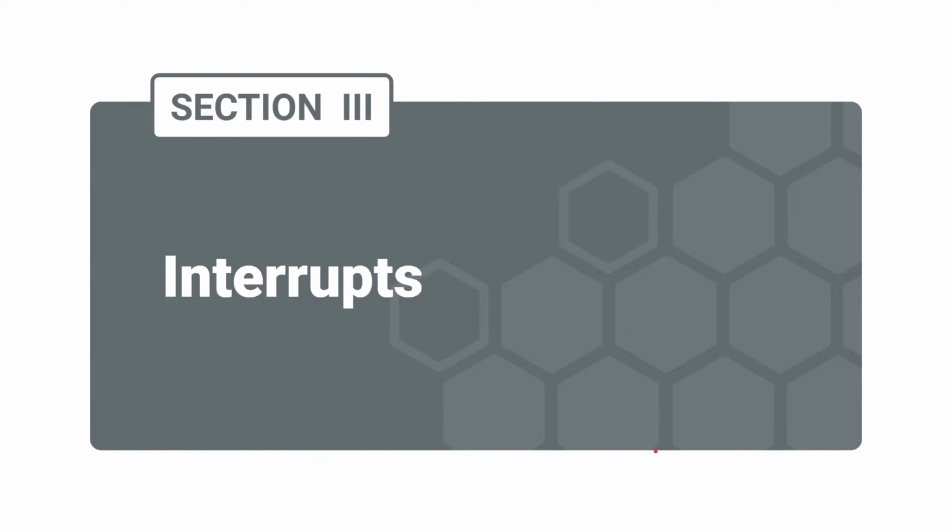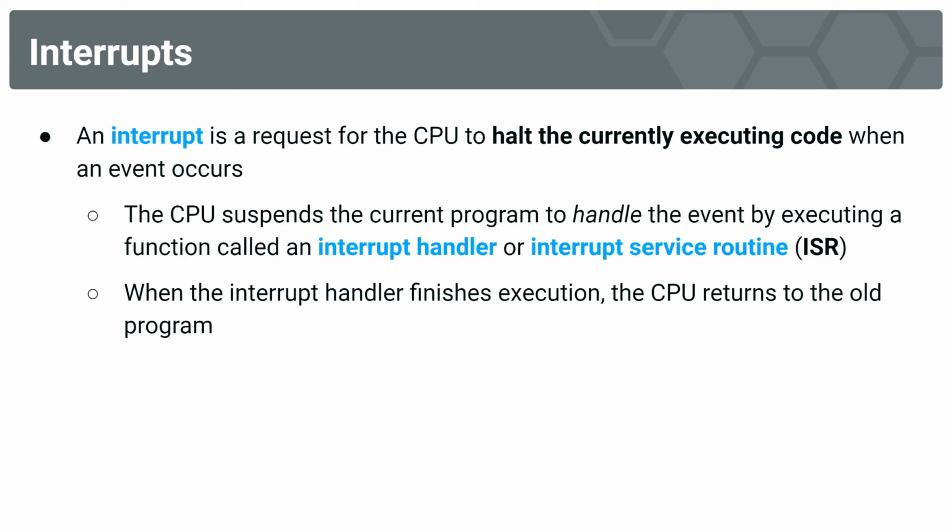Let's talk about that second big concept of this lecture: interrupts. What is an interrupt? It is a request for the CPU to halt the currently executing code when an event occurs. The CPU will literally suspend the current program. It's going to halt the currently executing code in order to handle this event.